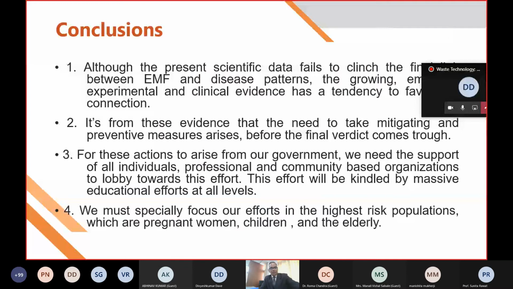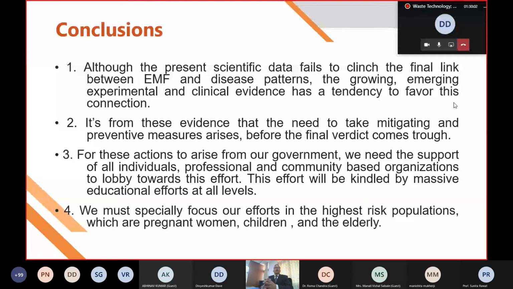Conclusion. Although the present scientific data fails to clinch the final link between EMF and disease pattern to be established, I am also giving the conclusion in sync with the government. It is our duty, being scientists, teachers, academicians, to take up the challenge.